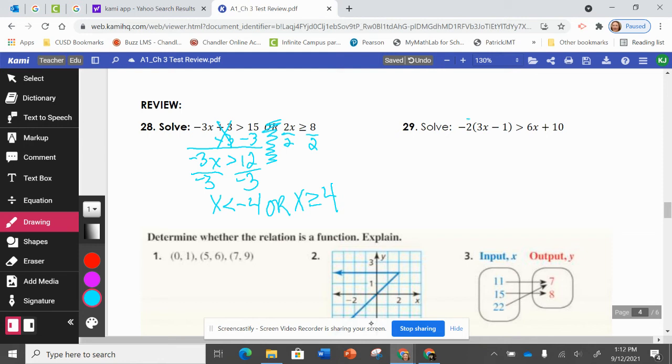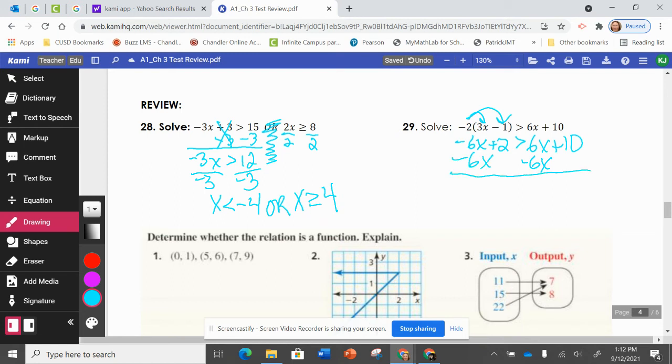29. I need to start with distributing. So negative 2 times 3x is negative 6x. Negative 2 times negative 1 is positive 2. I'm going to go ahead and move my x values together. This over here is a positive 6, so the opposite is to subtract 6x.